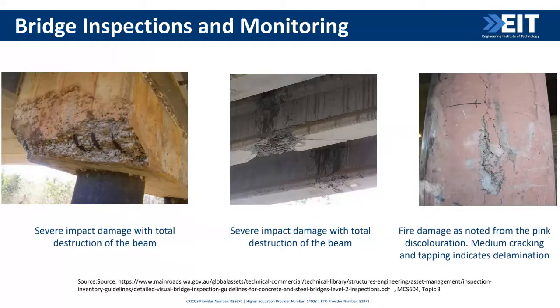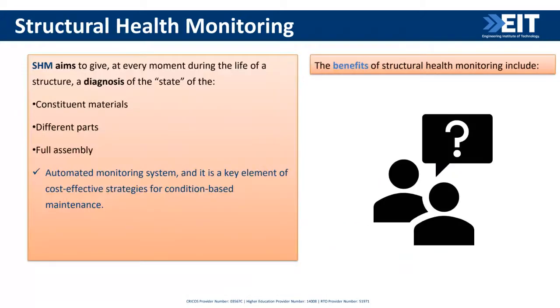And this is the worst case scenario, when you have severe impact, damage, or fire. It just depends on the level of severity. We can have different conditions, right? This is the point.